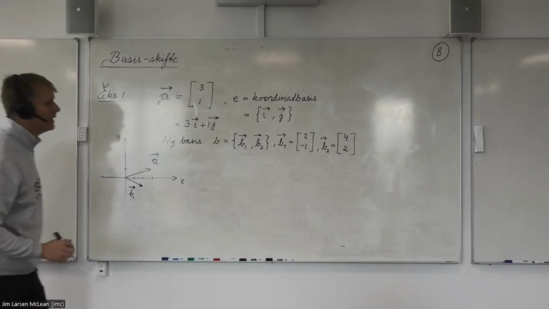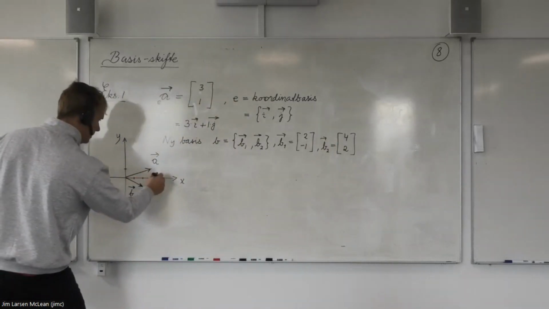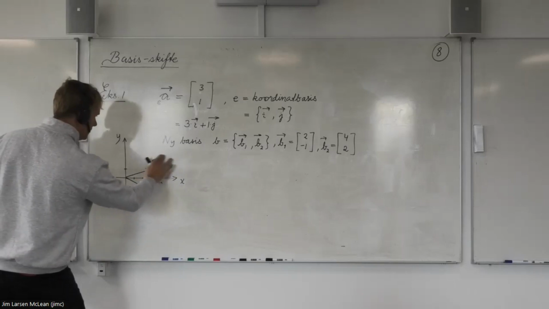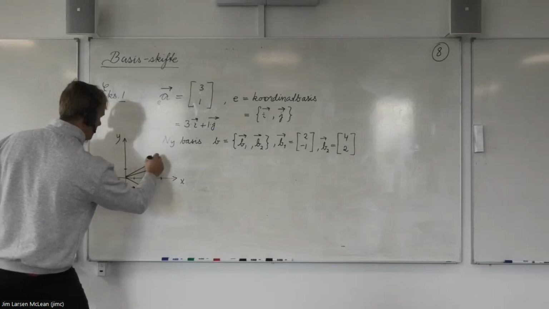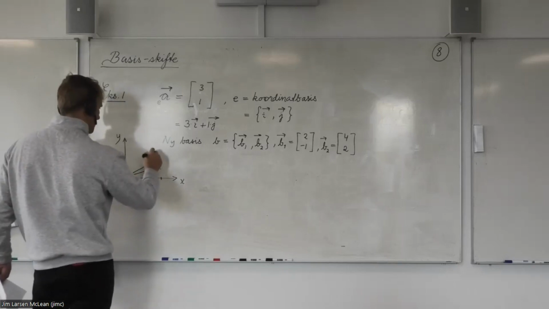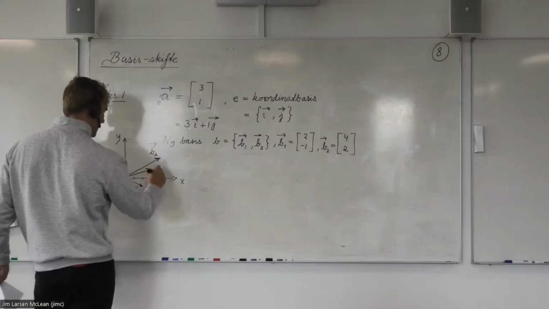And the second vector went 4 out and 2 up. 1, 2, 3, 4, and then 2 up. Oh, I don't have space to write there. It looks like this. So now I can write that this is the b2 vector, and here it is. Did you catch that?